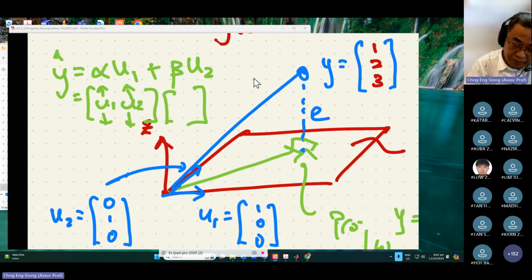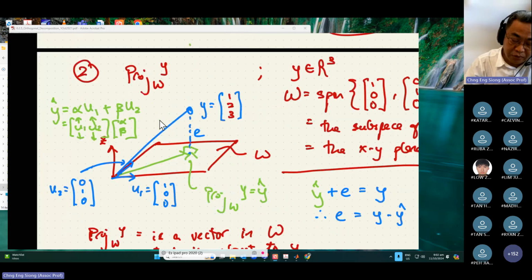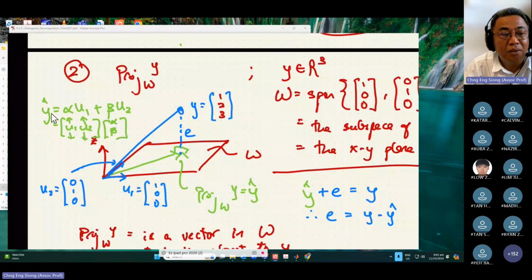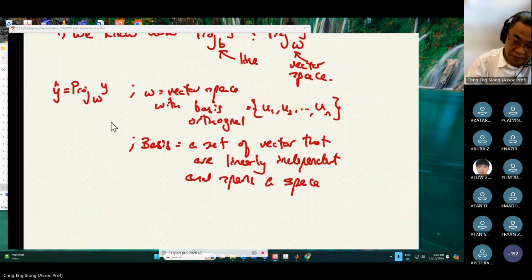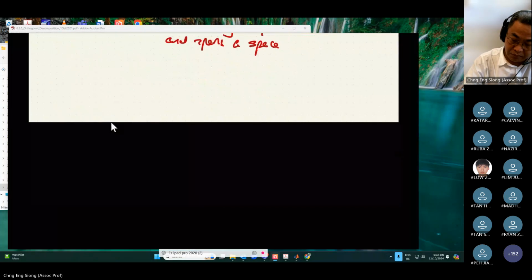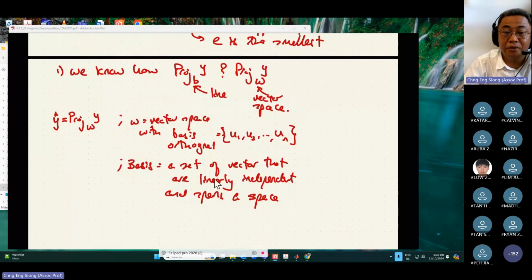Alpha here, beta here. Very nice. So we understand now that once we are given a basis, this vector that we are trying to represent is a linear combination of these bases.